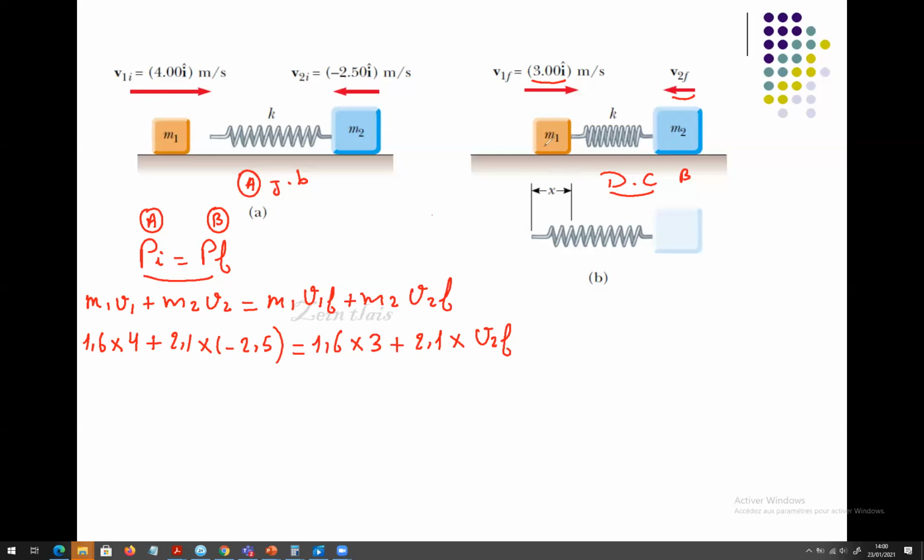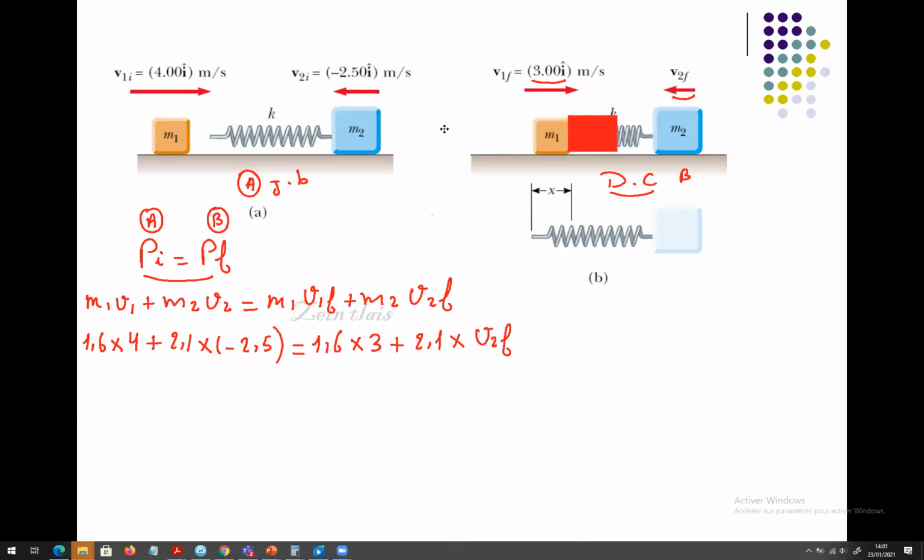But during the collision, V1 final is going to the right and V2 final is going to the left. Look, this block is moved to the right. We have a compression moving to the right.